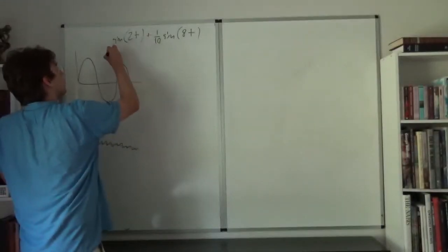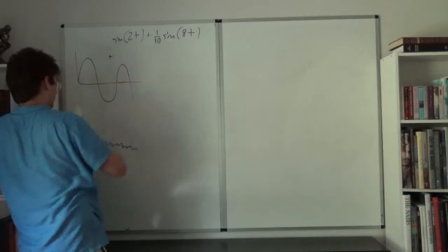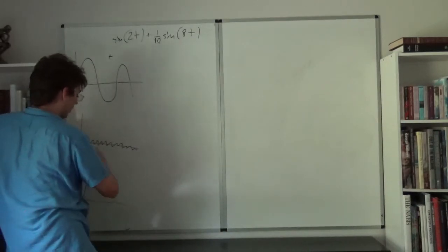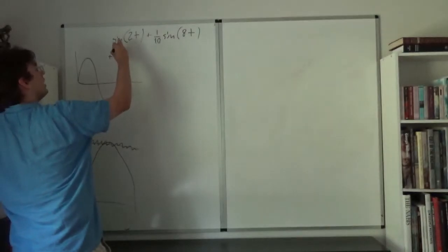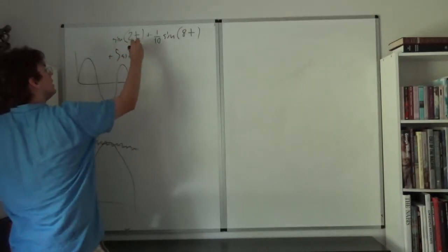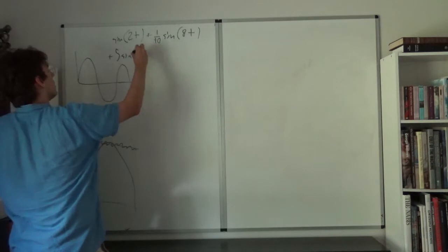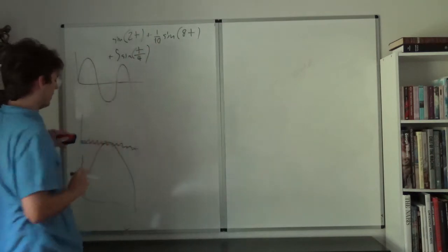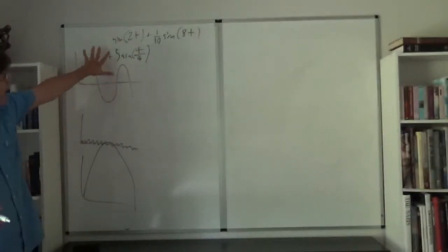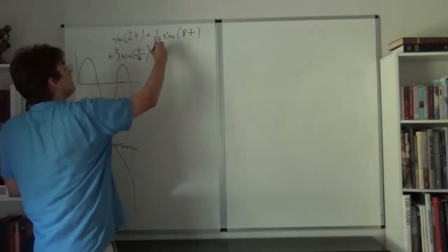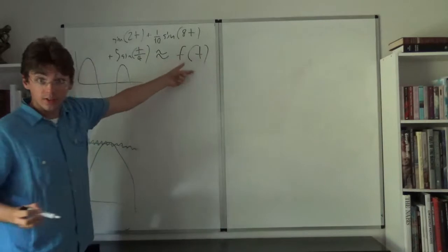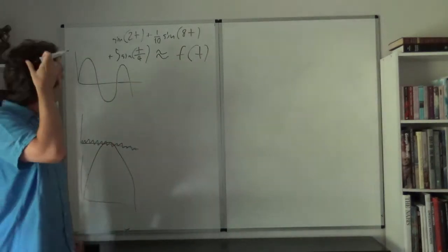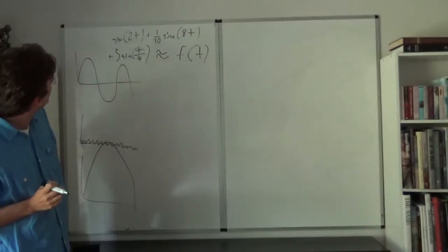And let's add another part that was big but very low frequency like this, and that's like 5 sine t over 4. Low frequency. Alright, so you add up all those, and those roughly approximate the sound of my voice represented by f of t. So that's good.